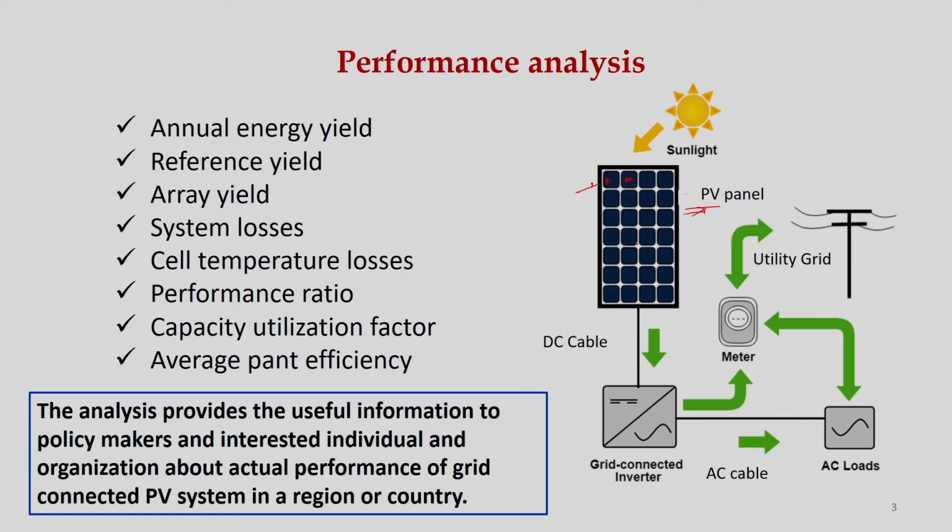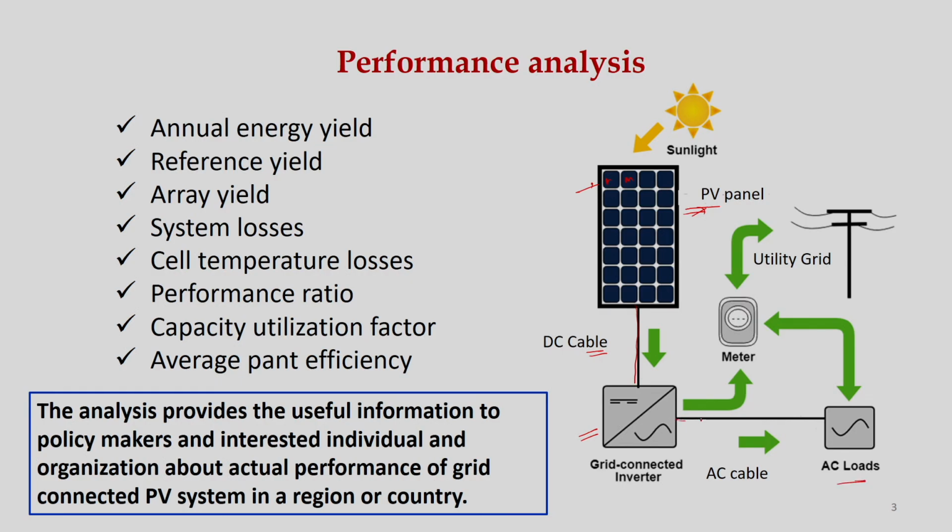Solar radiation falls on these PV modules and then DC current is generated. That has to be transmitted through DC cables. If we have to convert this DC current to alternating current, we need a grid inverter, and then the load is connected somewhere.